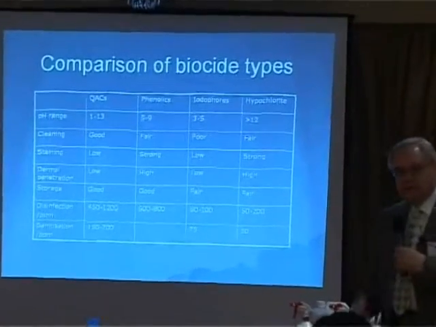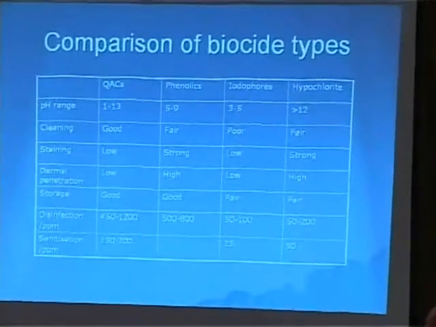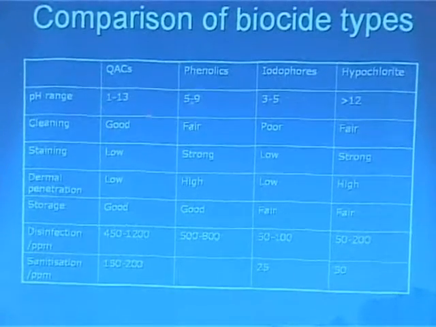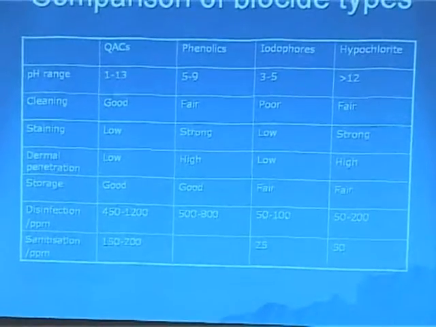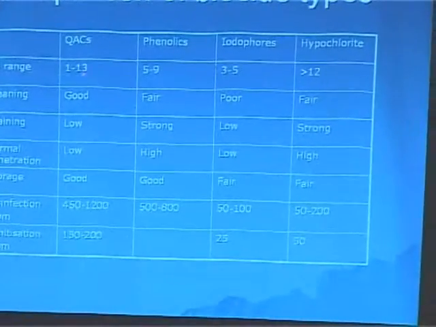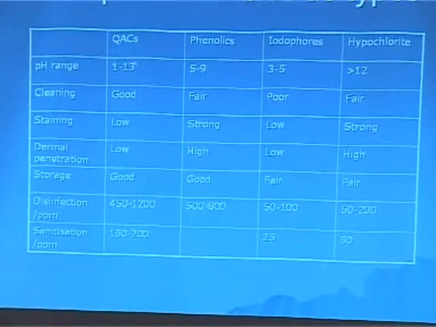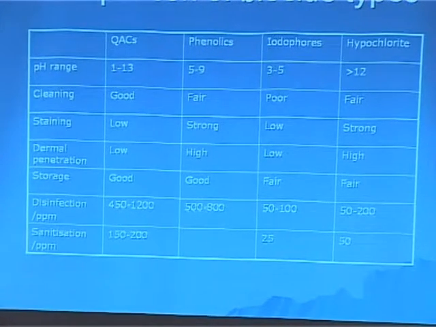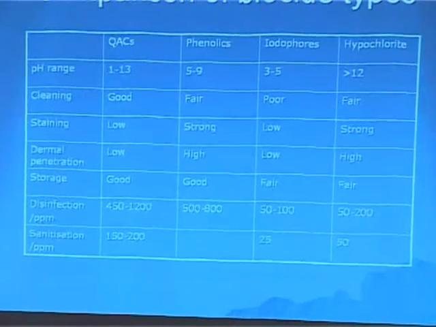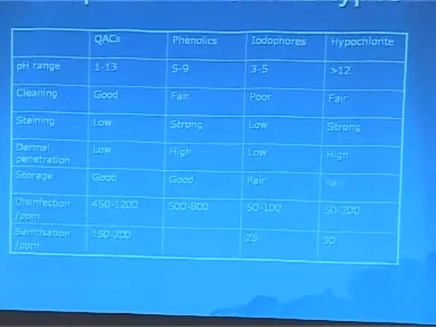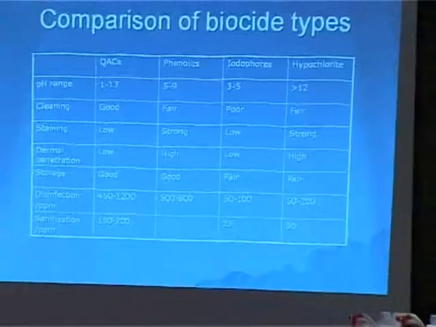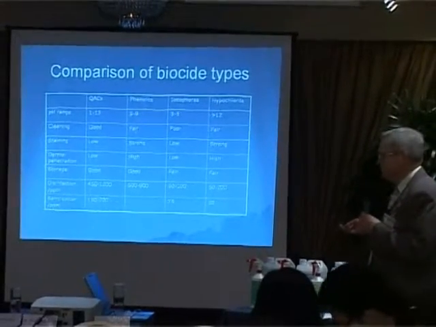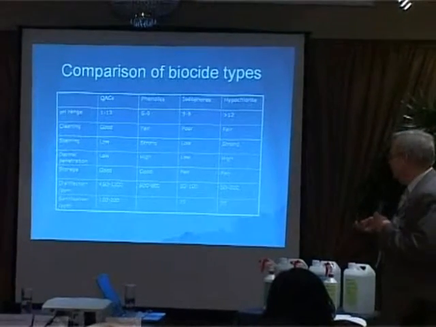When you compare the quaternaries against various other biocides or effect molecules, you've got quite a nice pH range. pH is operating between 1 and 14. Well, the quaternaries, you can operate over most of that range, whereas other biocide types, the phenolics, phenol of course was one of the very first biocides, if you like, although it wasn't called a biocide then, introduced 150 years ago by Lister and Lemaire, and still used to this day, you know, the carbolic soaps and so forth.